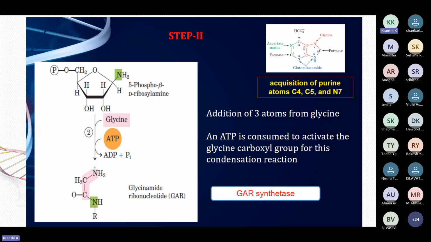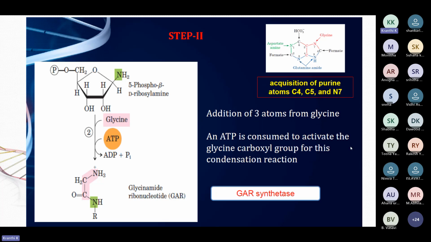NCC means 4, 5, 7 places. 457 places were added. Initially this got added, N. So to this N, CCC means 4, then 5, then 7. 457 were added.